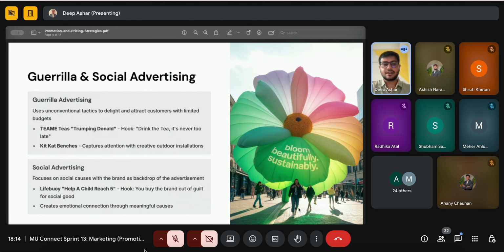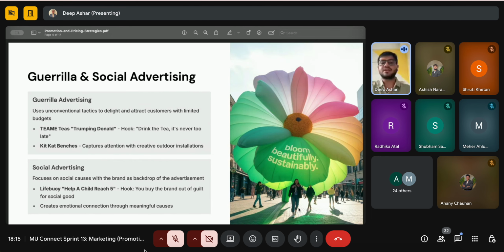The examples Bhupesh sir had given were the tea brand that sent tea to Donald Trump, which grabbed a lot of eyeballs, or KitKat painting benches red.